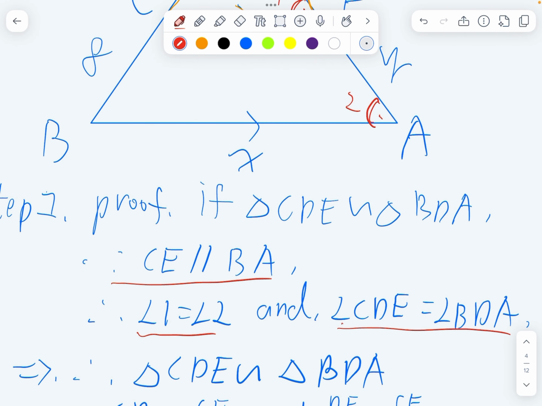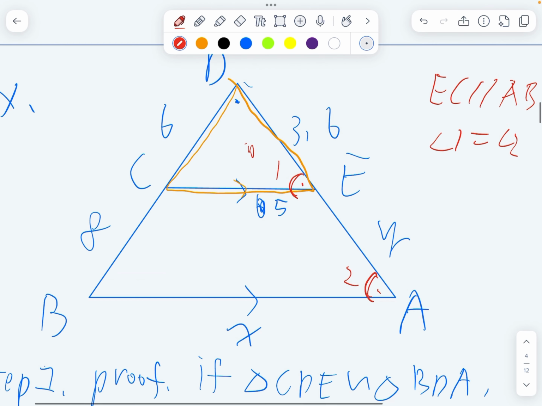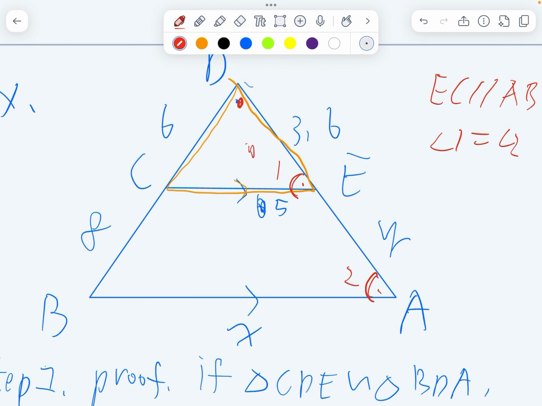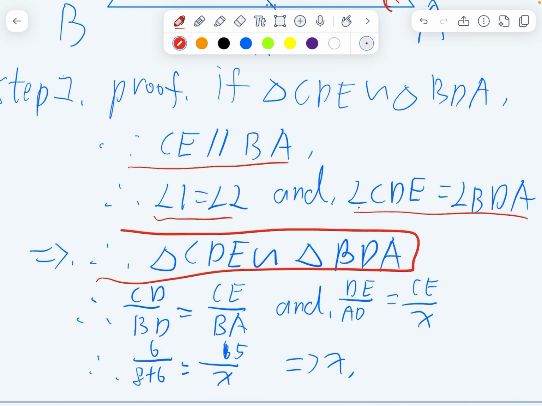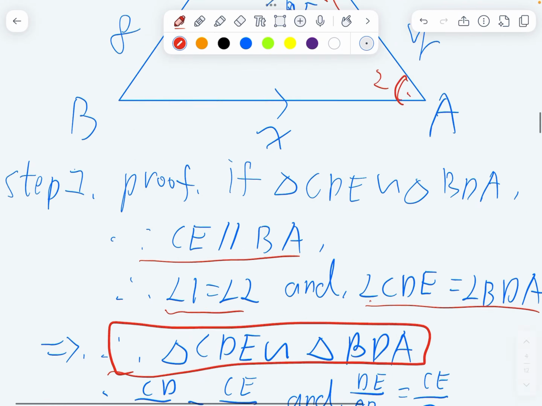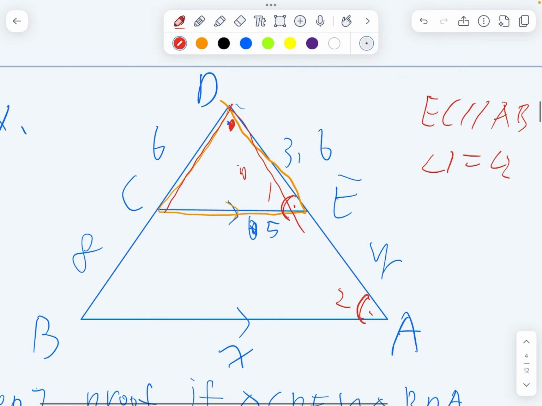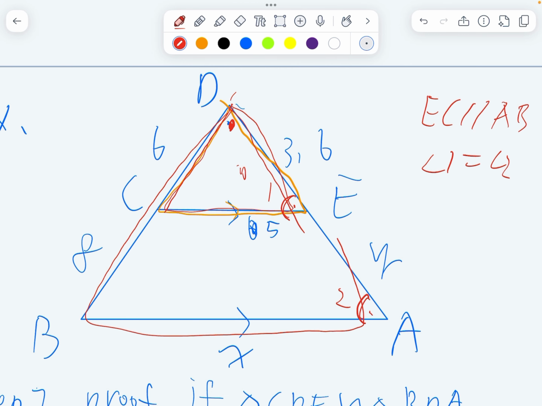Also, angle D is the same angle in both triangles, so we can directly get triangle DEC similar to triangle DBA, so that the smaller one is similar to the big one.